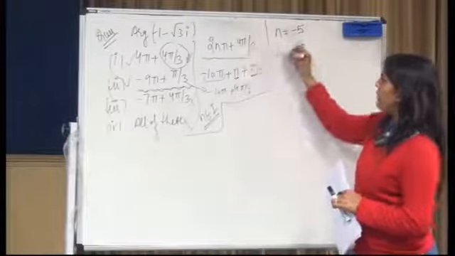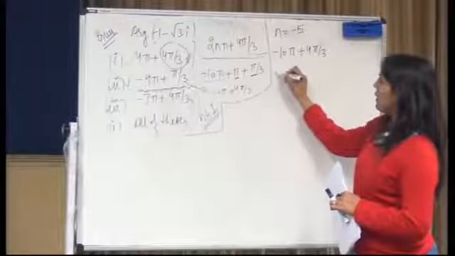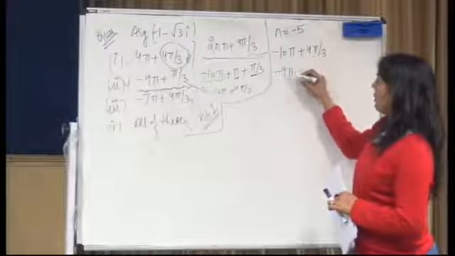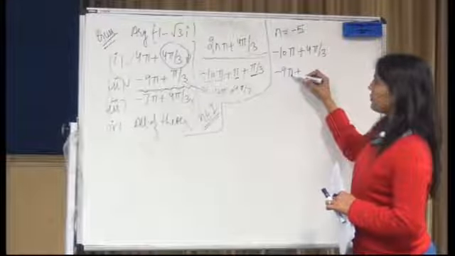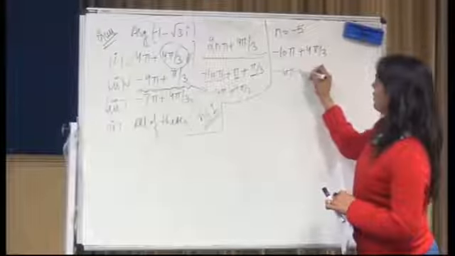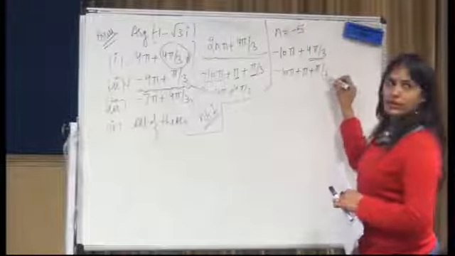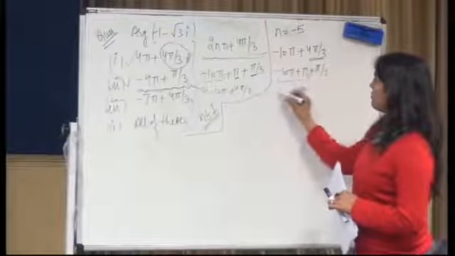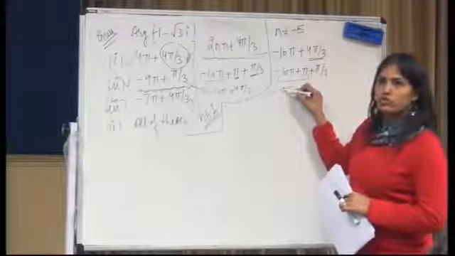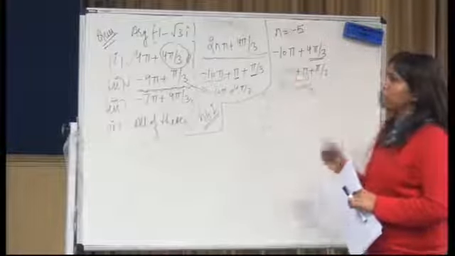So I get minus 10 pi plus 4 pi by 3, and it can be written as minus 10 pi plus pi plus pi by 3. I can easily break it. So this becomes minus 9 pi plus pi by 3. So this is the second option. Easily I can write it. So it means the second one is the correct one.